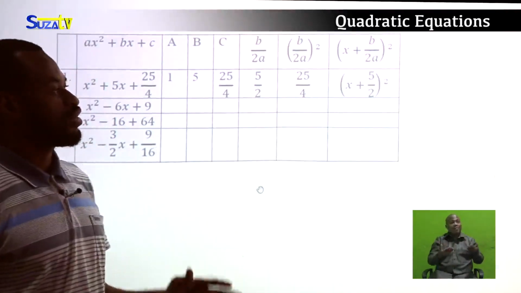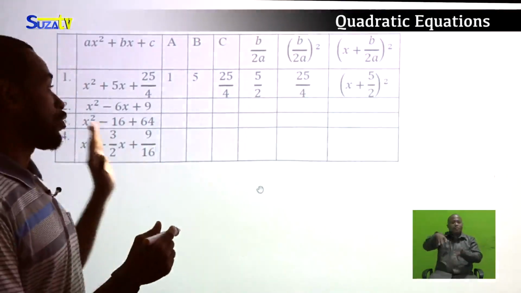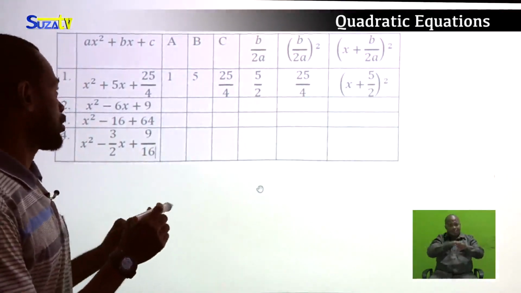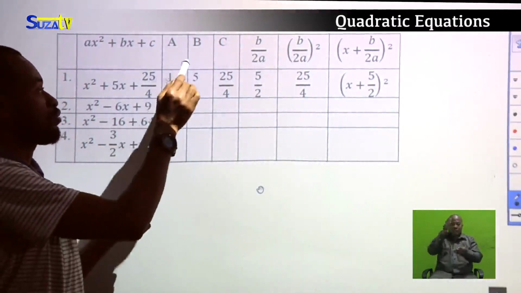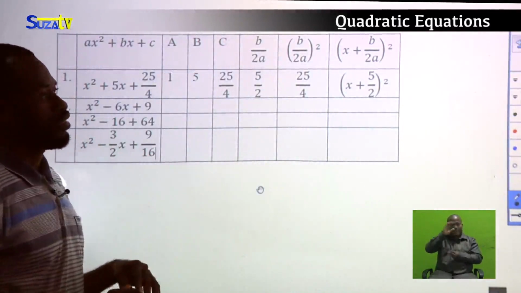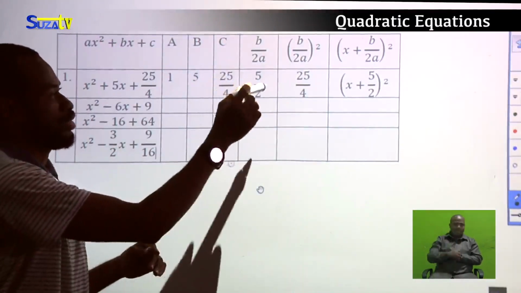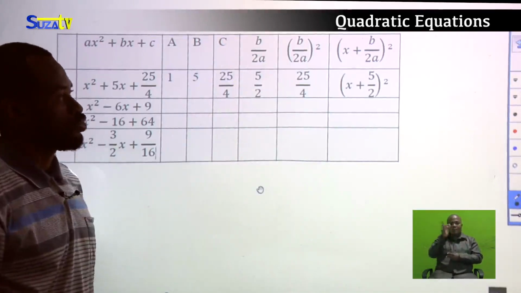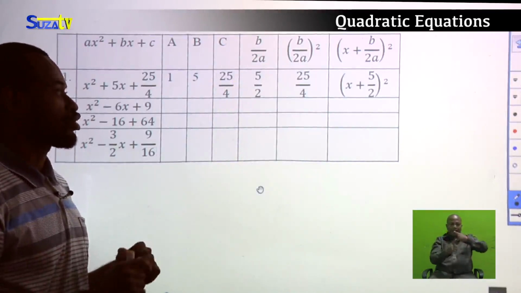Okay, so now this is our table as explained earlier. The table contains quadratic expressions, and as you can see here, you have the constant terms a, b, and c, and other terms, which is b over 2a, b over 2a square, and x plus b over 2a the whole square.